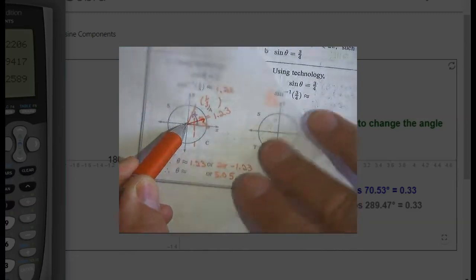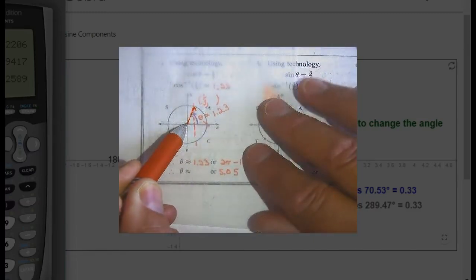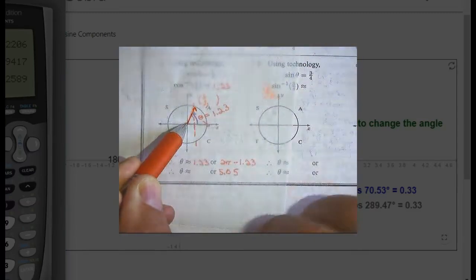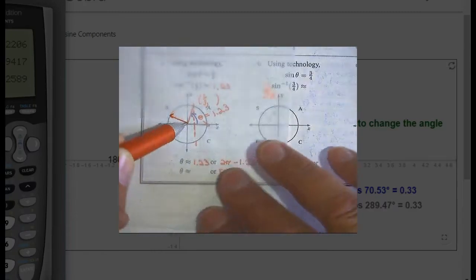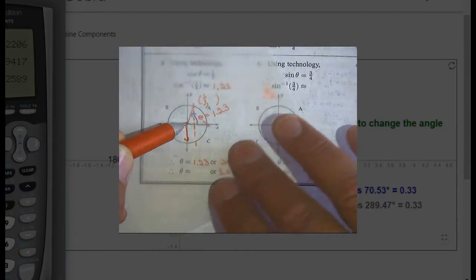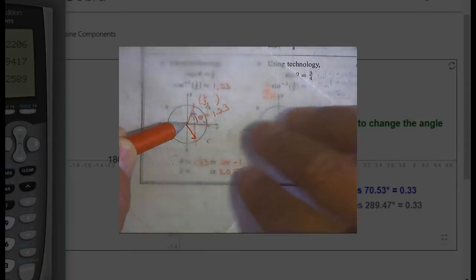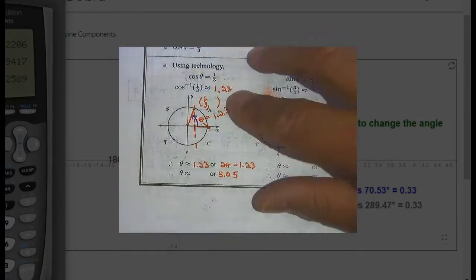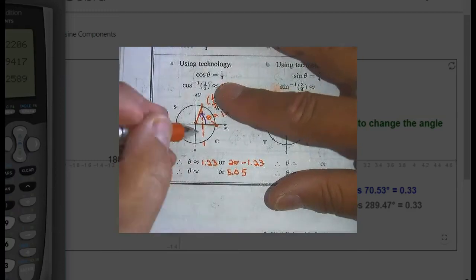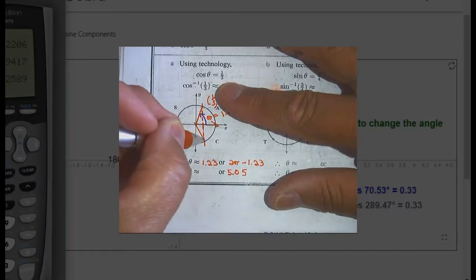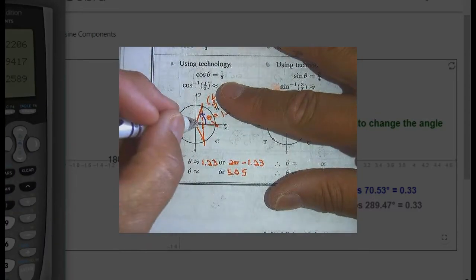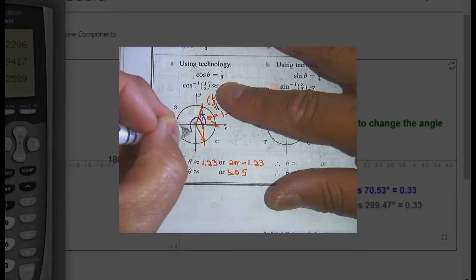If I rotate it 1.23 rads, it has a cosine of 1/3. And if I keep going, it's going to have another cosine of 1/3 right there. So the second angle is if I kept rotating it, so it starts right here and goes all the way around.